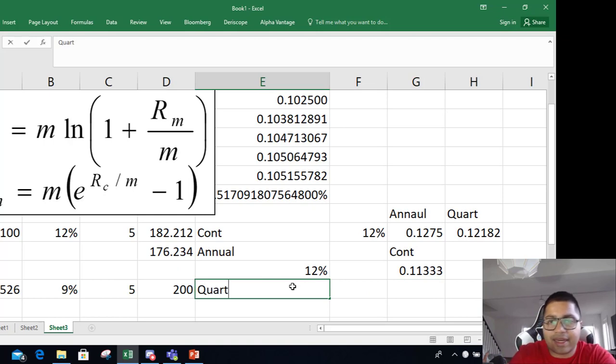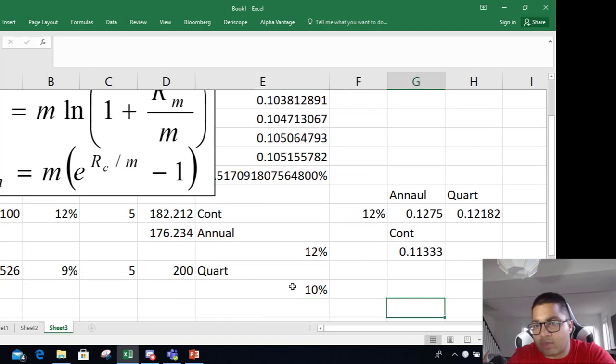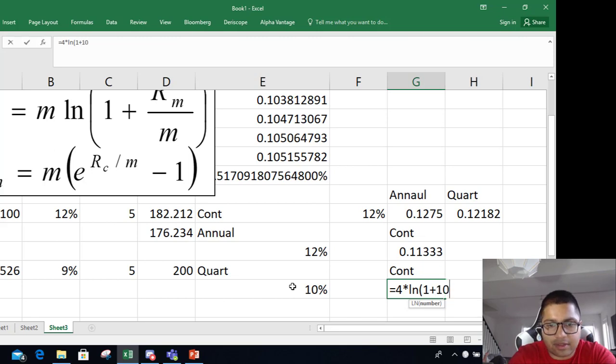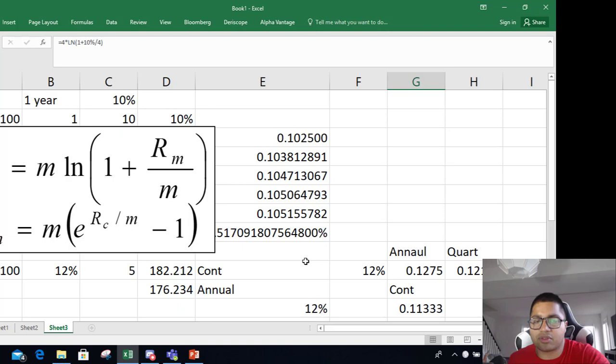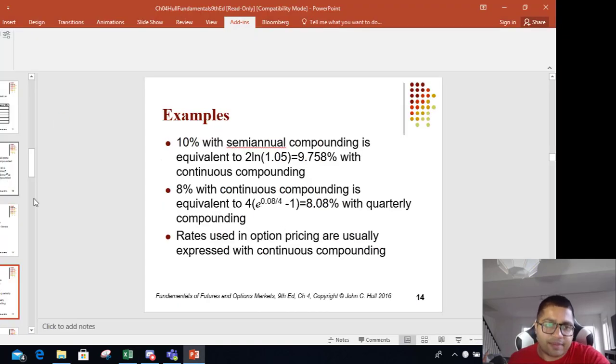If you find out how much continuous a 10% quarterly rate is, it equals the frequency, 4 quarters in a year, times ln of 1 plus 10% divided by 4. So it is 9.8%. So that was wrong. You always use natural log instead of log base 10.